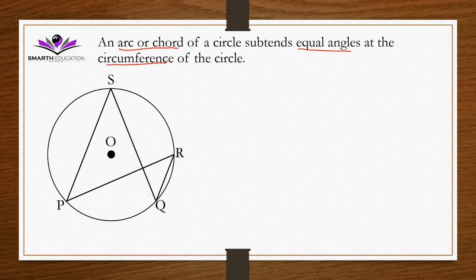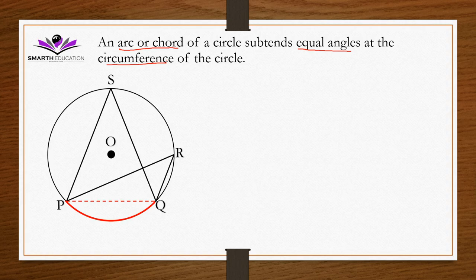So like now I have this arc here, arc PQ or chord PQ. These are two different things, isn't it? There is an arc, there is a chord. Chord is a straight line, the dotted line, right?